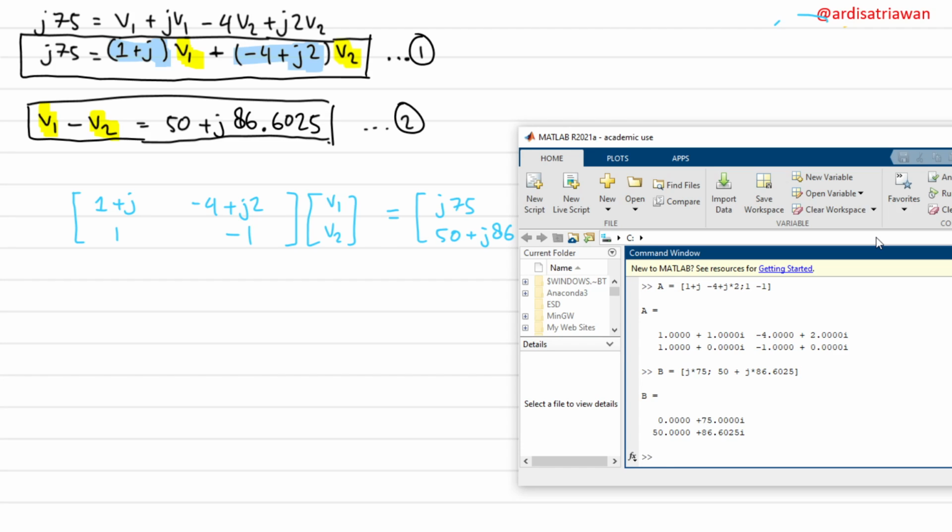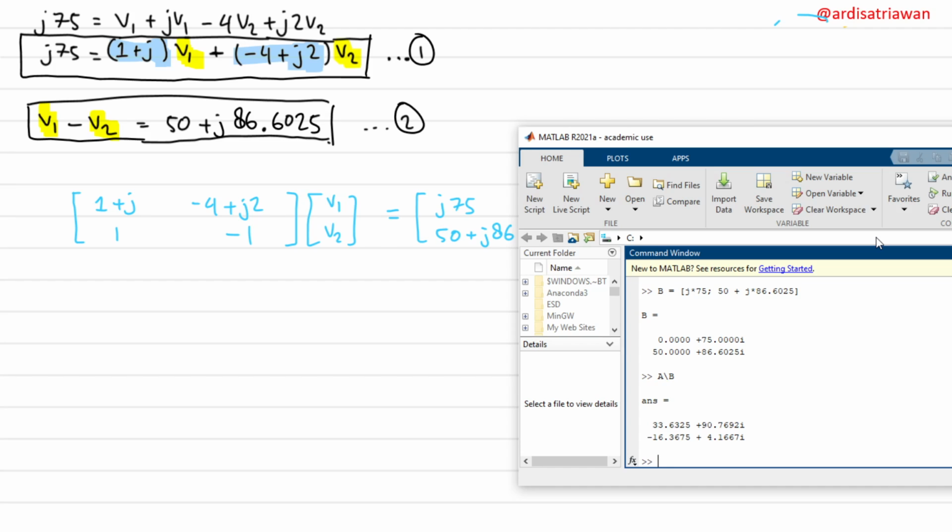Okay, that is good. So let's find the solution, A backslash B. That is my solution.